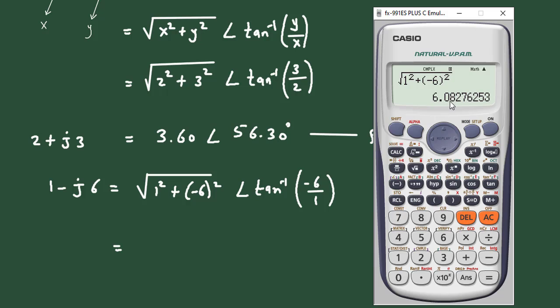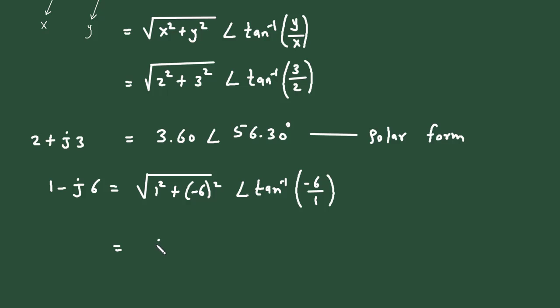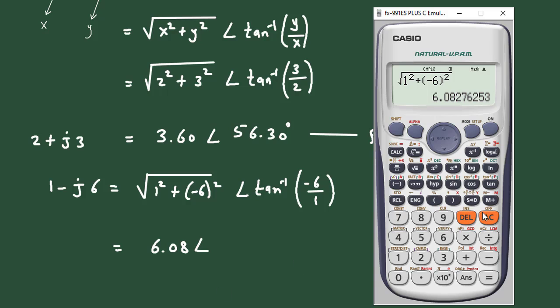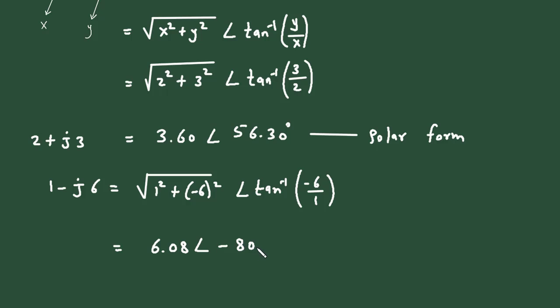So it is 6.08 at an angle tan inverse of minus 6 by 1, minus 80.53 degree. Again this is in polar form.